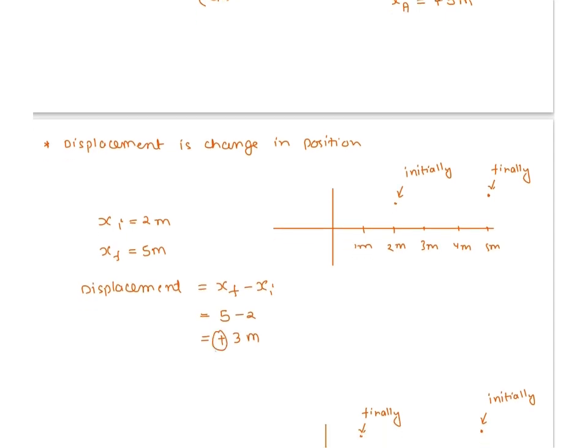This plus represents direction, and this 3 m represents magnitude. So this plus indicates that the particle has been displaced by 3 meter but towards right.